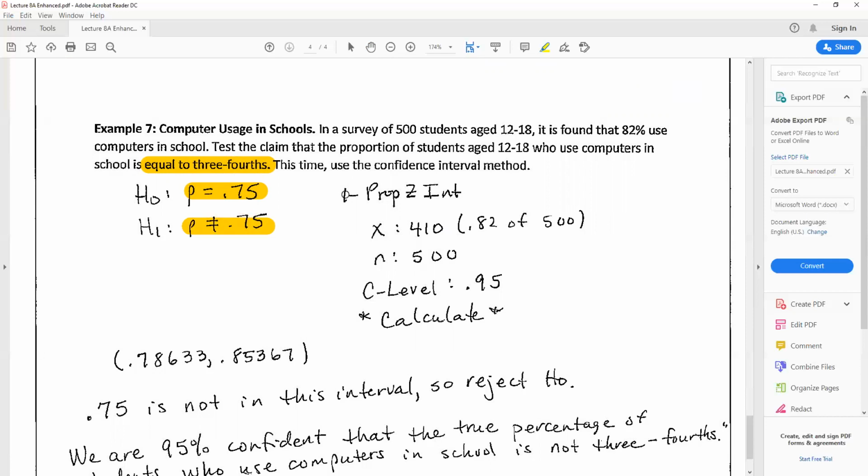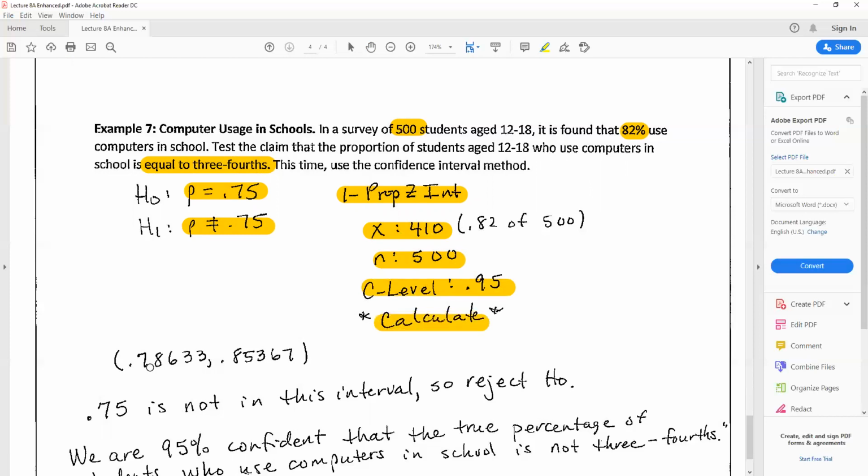We will run the one prop Z interval. We will put in 410 for X because 82% of the 500 students use computers in school. So X would be 410, which is 82% of 500. The N value would be 500. We're doing a 95% confidence level.